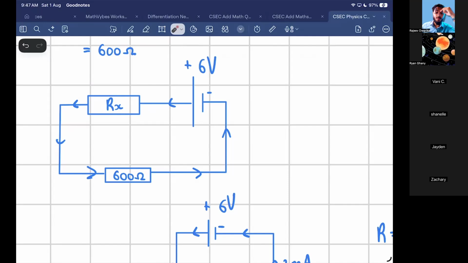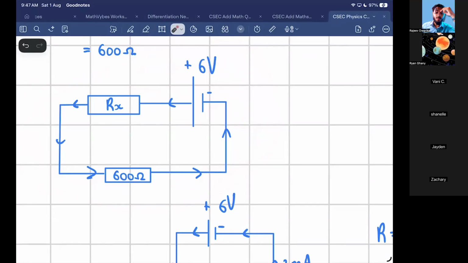I'm not asking you for a numerical answer. I'm asking you for an answer in terms of Rx that has Rx in it. So at this stage, if you had to come up with an expression for the total resistance, what would you write? 600 plus Rx. Exactly. So you see that? That's an expression for the total resistance in terms of Rx.